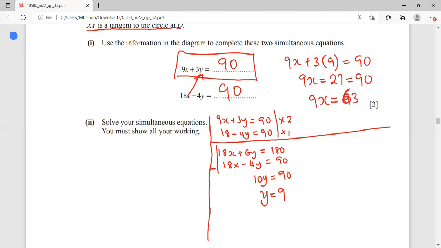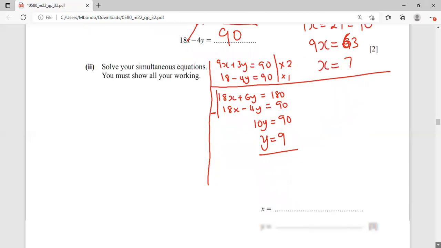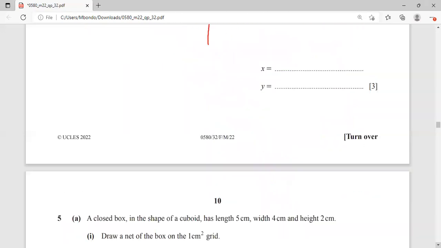So when we divide both sides by 9, this is going to give us 7. So x is equal to 7, y is equal to 9. I hope that is clear, Silka, and the rest of us. Okay, so we could have written our answers here. You get 3 marks just like that.